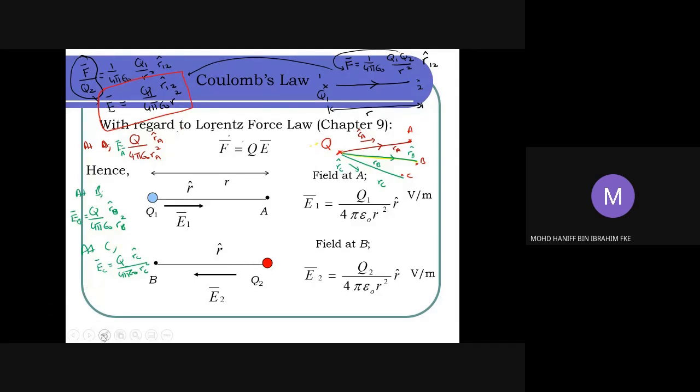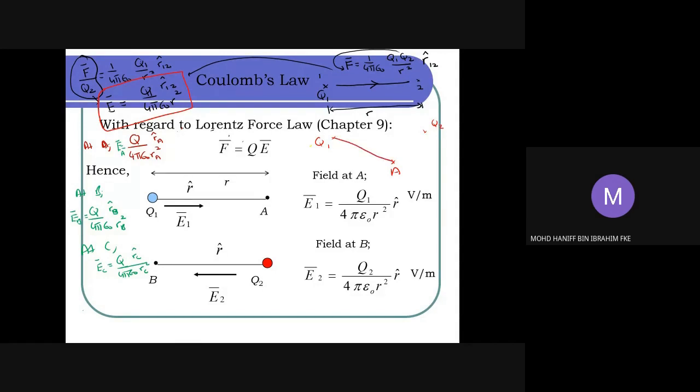So in case we have more than one point charge, for example, I have a point A here and 2 point charges, Q1 and Q2.